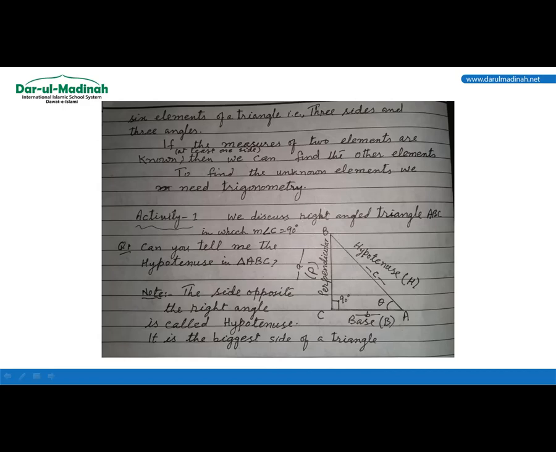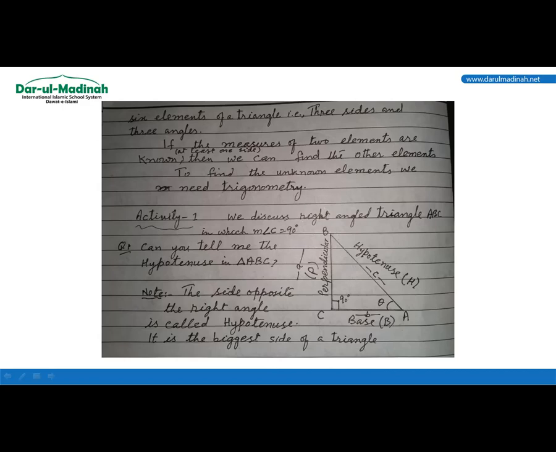And what is the perpendicular? Yes, this is the considering angle theta. This is the Greek letter theta showing angle. Angle A is actually here theta, and the opposite side is called perpendicular.